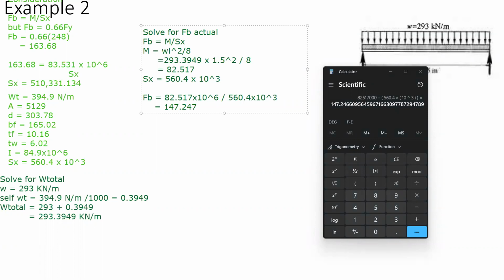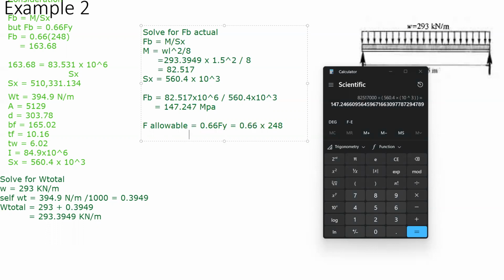Okay, so let's check if it's safe. F allowable is equal to 0.66 Fy, and that would be equal to 0.66 times 248.